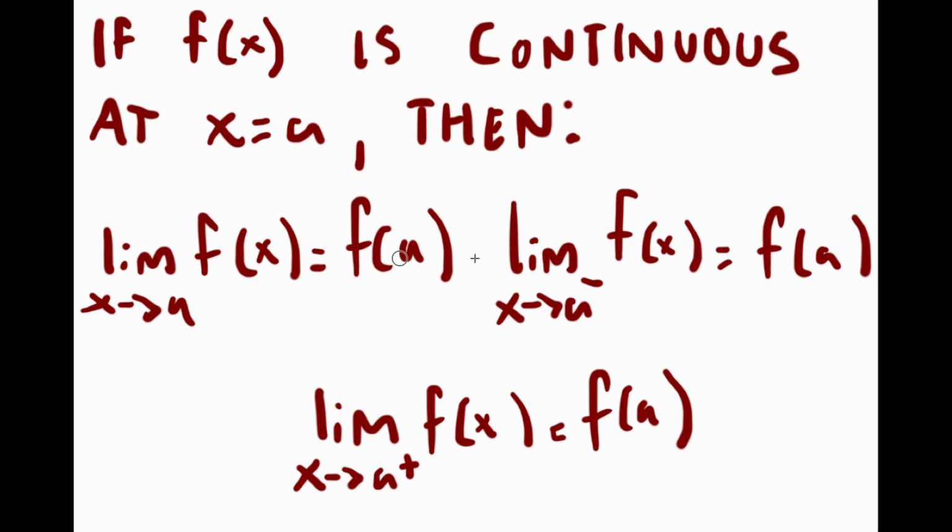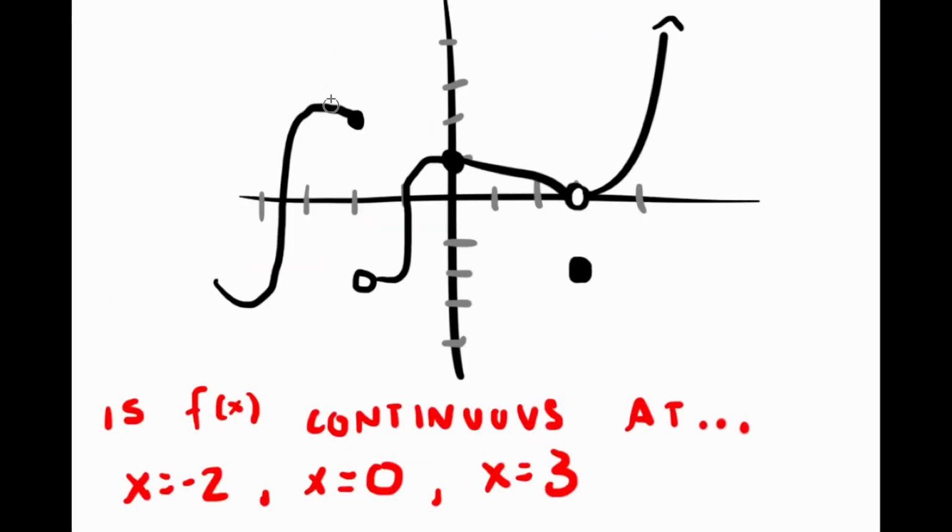Although this is a lot of definitions that I'm throwing at you, let's take a look at what it means on a graph for a function to be continuous, because that should give you a much better understanding. Say this graph represents f of x.